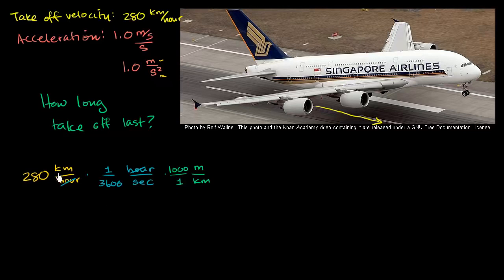And so when you multiply this out, the kilometers are going to cancel out, and you're going to be left with 280 times 1,000, all of that over 3,600. And the units we have left are meters per second.